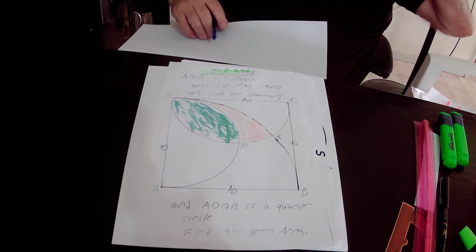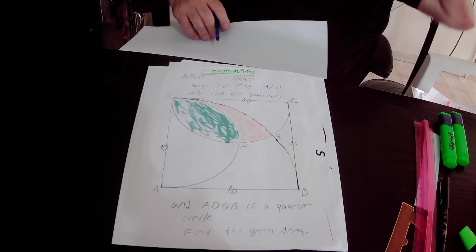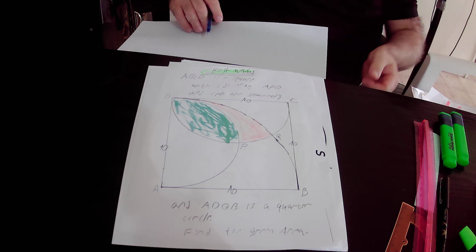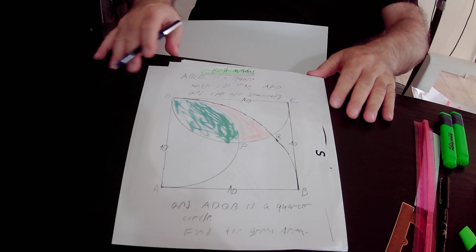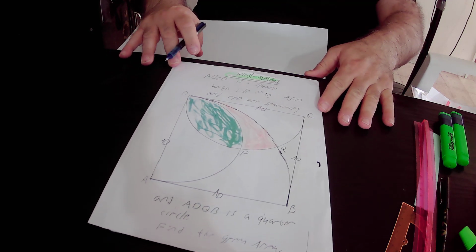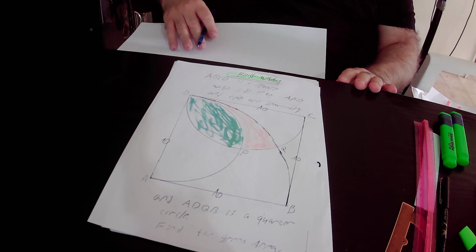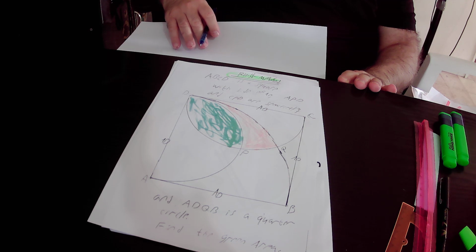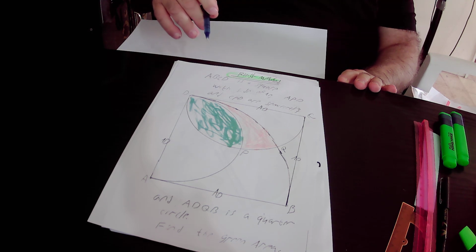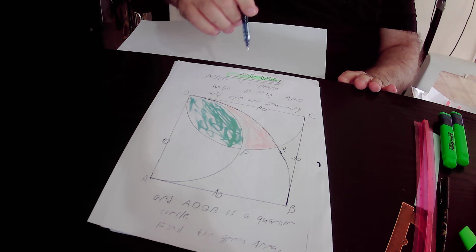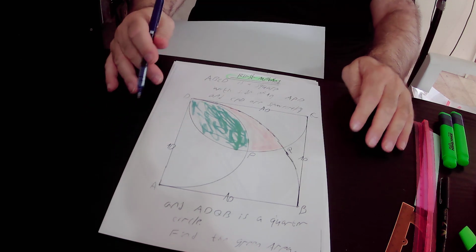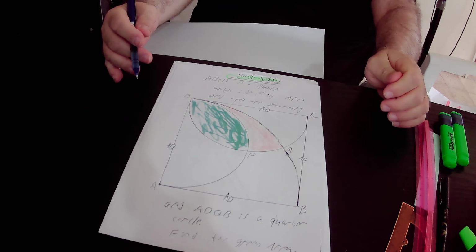Okay, so in the first method we will actually find out the area of a lens.